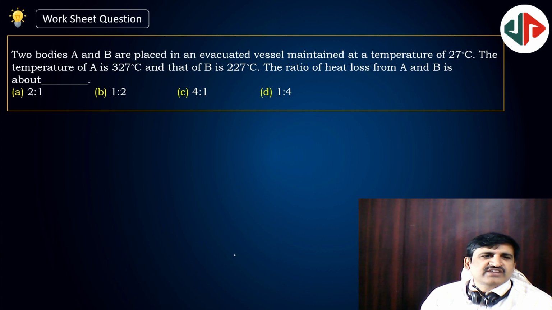Two bodies A and B are placed in an evacuated vessel maintaining temperature 27 degrees Celsius. The temperature of A is 327 and that of B is 227. What is the ratio of heat loss from A and B? Heat loss only, not rate of cooling.